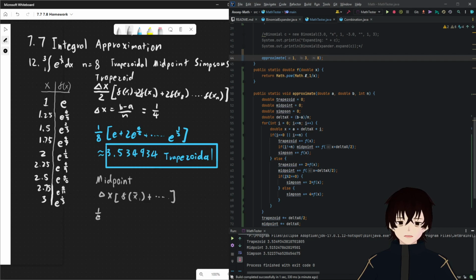So that's 1/4 times e to the power of, oh, what's the midpoint? 1.125, yes. Plus e to the power of 1.375 plus and so on.